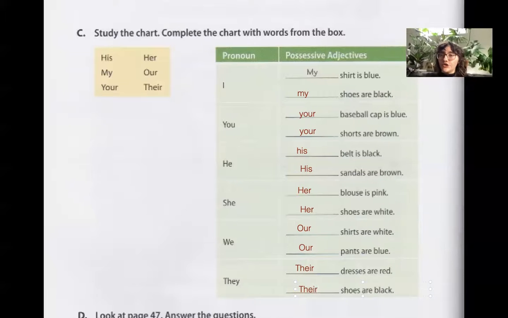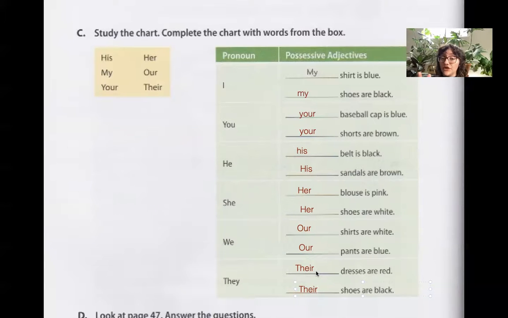Now, the other thing I want to show you is if you're using their as a third person singular, meaning you're talking about one person that is not you, right? You can use he, you can use she, or you can use they. But if you're putting a sentence together and you're talking about third person singular, if you're talking about their red dress, right?